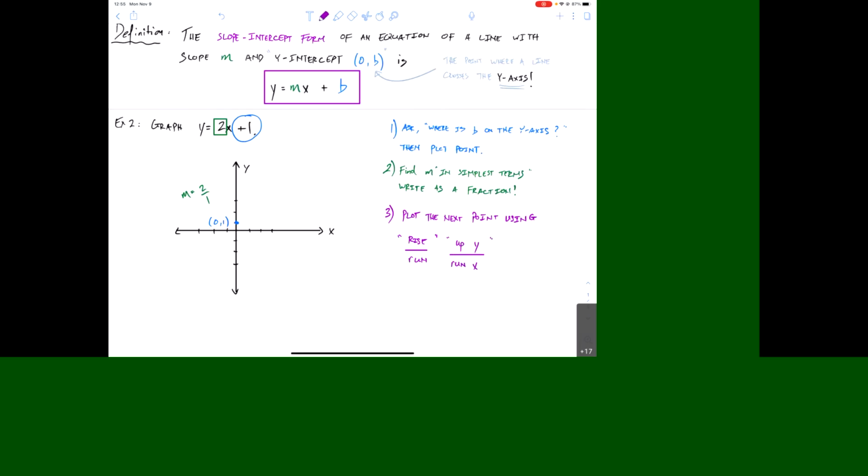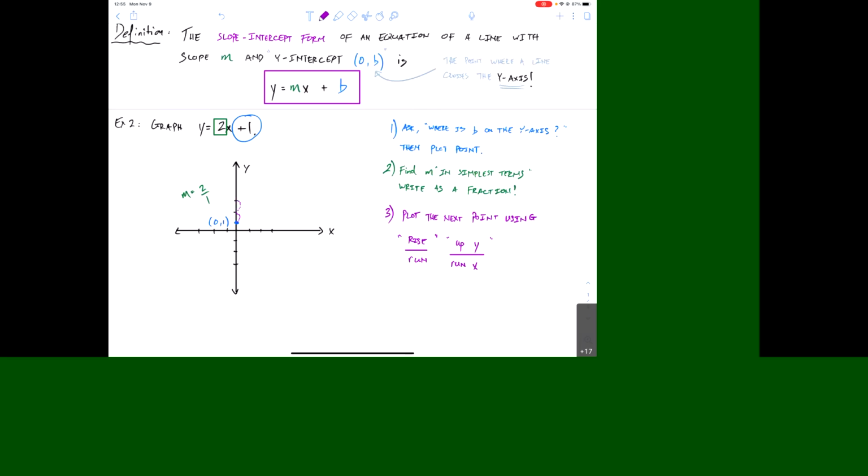And then you run in the x direction. So from 0, 1, right, you're going to do what? You're going to go up to y equals 2 because 2 is in the numerator. So there's 1, 2. Now you don't stop there.